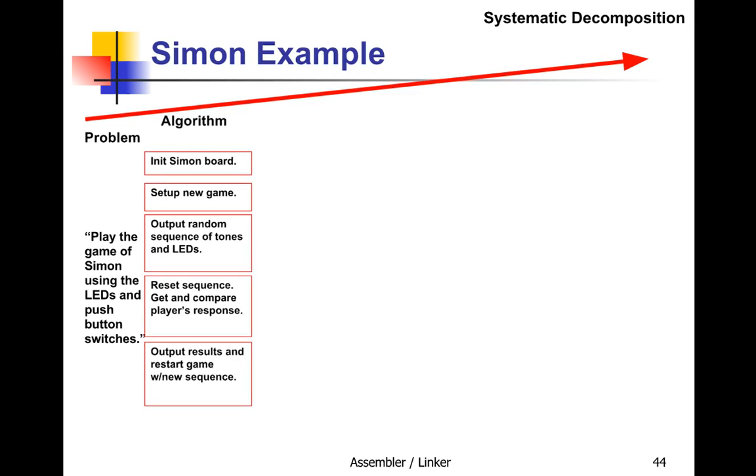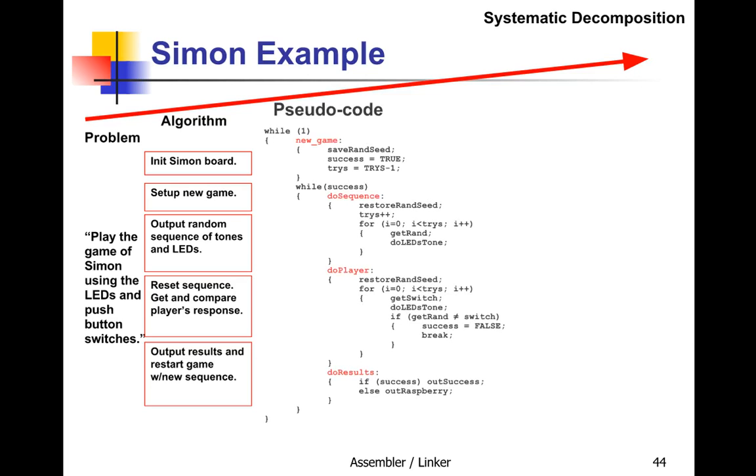We're going to initialize the Simon board, set up a new game, output a random sequence of tones and LEDs, reset the sequence, get and compare the player's response, and then we'll output the results and restart with a new game, a new sequence.